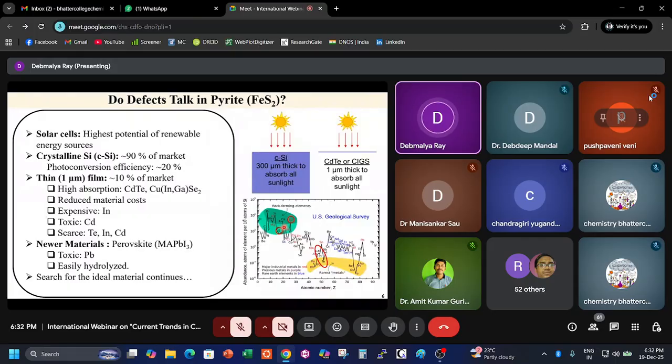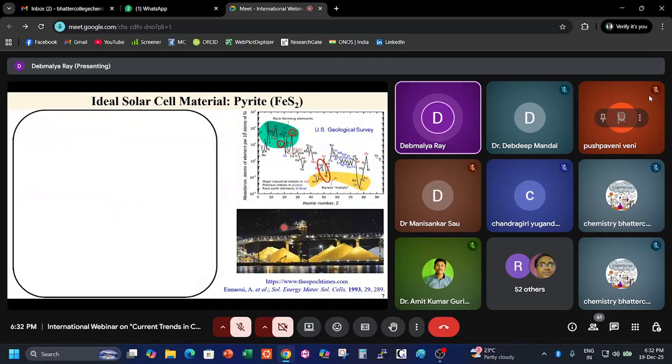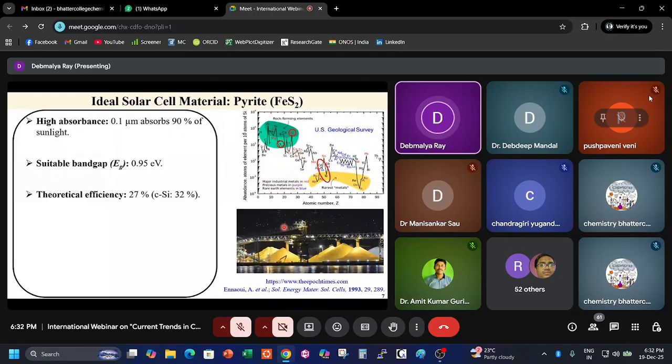And in that sense, iron disulfide fits the bill really nicely because it's made of iron and sulfur, which are very earth abundant. And 0.1 micrometer of iron disulfide can actually absorb 90% of the sunlight. It has a suitable band gap of around 1 eV, and it's an indirect band gap semiconductor.